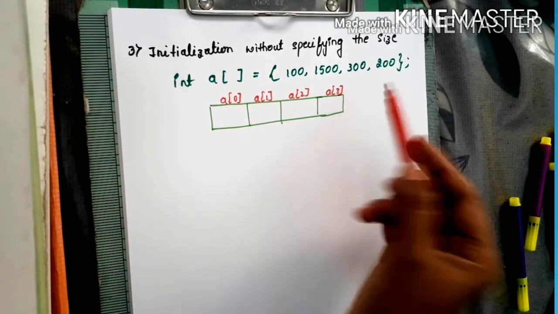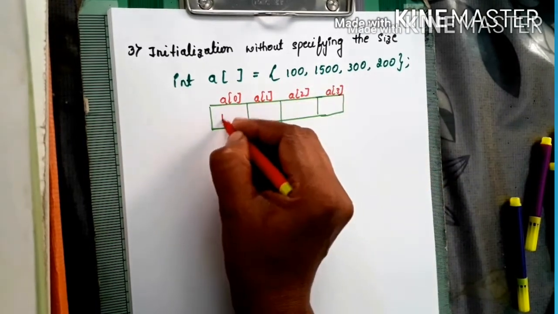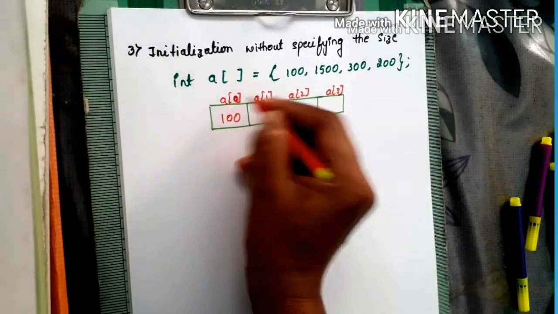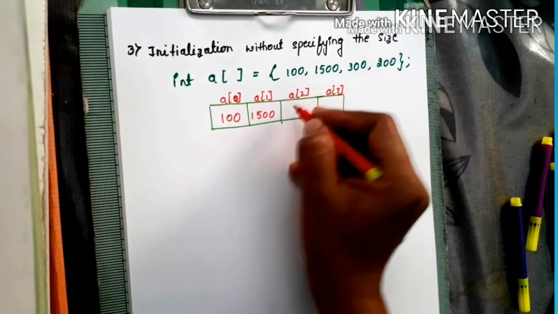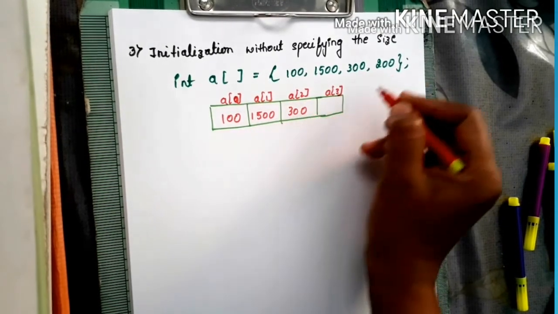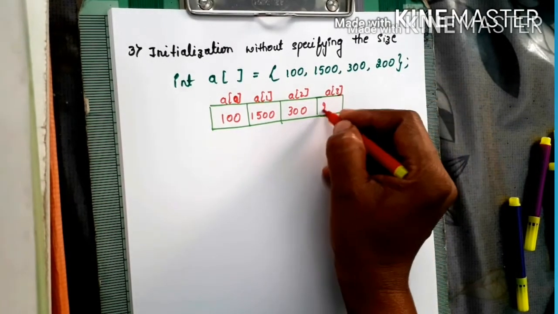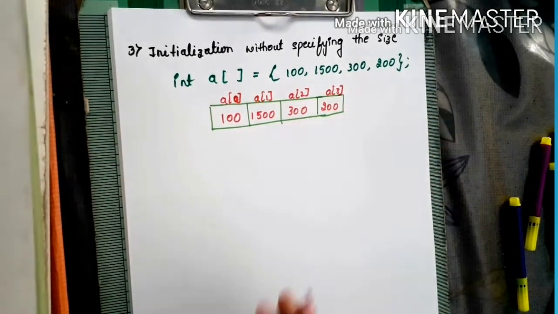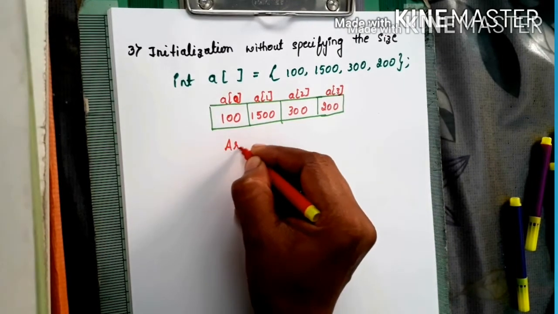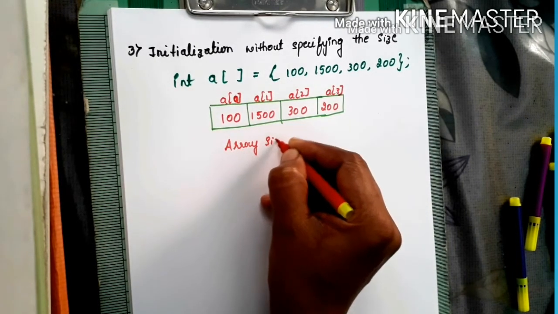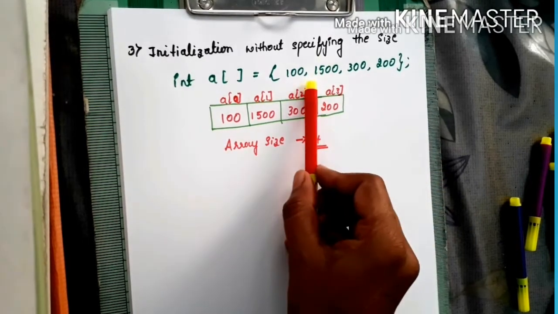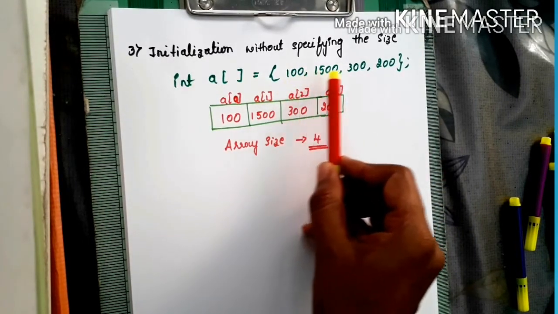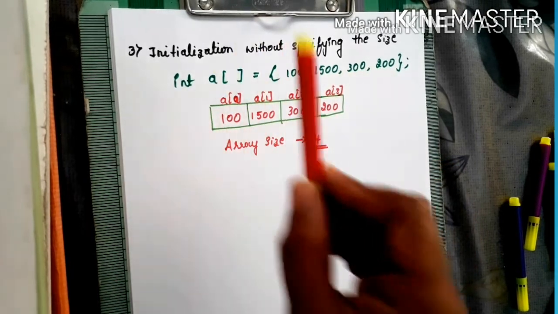That is, in this example, the first element 100 is copied to A of 0 and 1500 is copied to A of 1, the next value 300 is copied to A of 2 and the next one 200 is copied to A of 3. Finally, the array size is set to 4 because here we have initialized only 4 elements of the array.